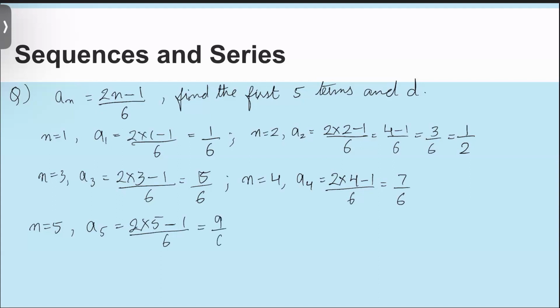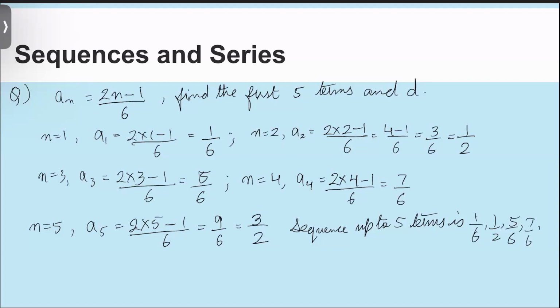So you have 9 by 6, and you have that as 3 by 2. Okay. So your sequence up to 5 terms is 1 by 6, 1 by 2, 5 by 6, 7 by 6, and the last one is 3 by 2.